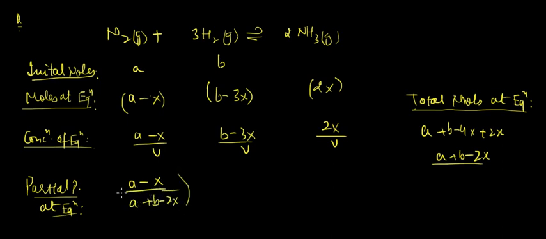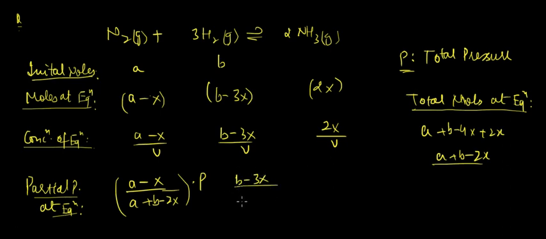This is the mole fraction, and if you multiply the mole fraction with the total pressure, then we get the partial pressure of the following compound or molecule. Similarly, the mole fraction of hydrogen would be B minus 3X upon total moles, which is A plus B minus 2X, multiplied with the total pressure.